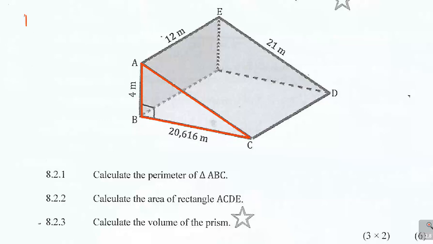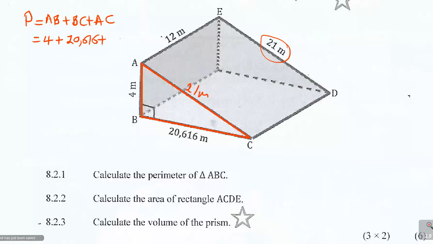So perimeter is equal to AB plus BC plus AC, which is equal to, now the challenge, why it makes this question a bit challenging is you're not given AC, but look at AC there, they gave it as 21 but on the other end. So here then you have AB is 4 plus BC is 20.616 plus AC, which is equal to ED, which is 21.